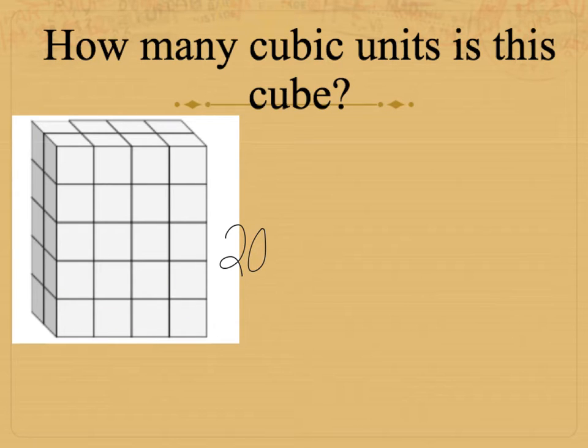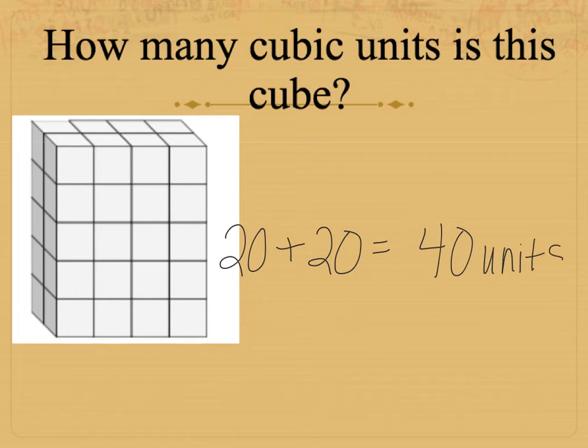So I'm going to make sure that I count those too. All right? 1, 2, 3, up to 20. So there are 20 on the back part because it is the same thing on the back. So I'm going to add these together, and I have 40 cubic units.